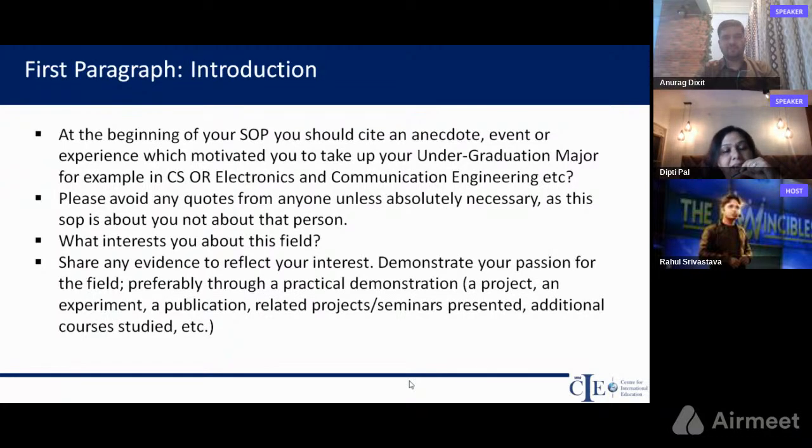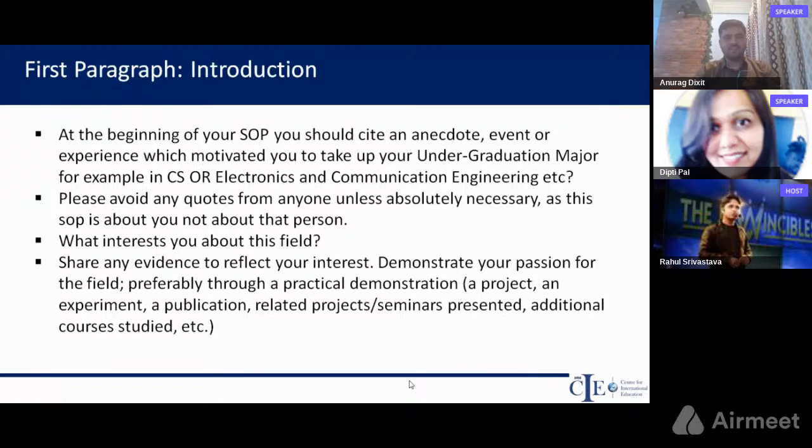So please avoid it, unless it really influences your entire career journey or life journey, or it resonates well with your profile, or you really believe in it. Avoid unnecessary quotes. If you really feel that it goes well with your writing style, then only if you're convinced, add it in your introduction paragraph.